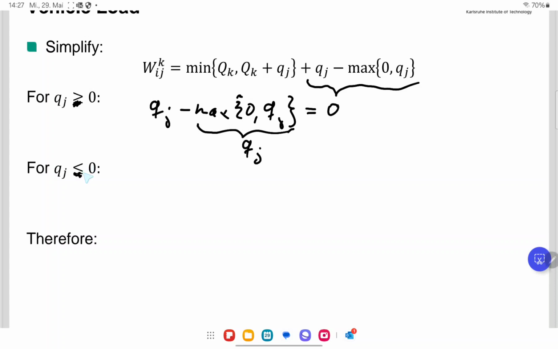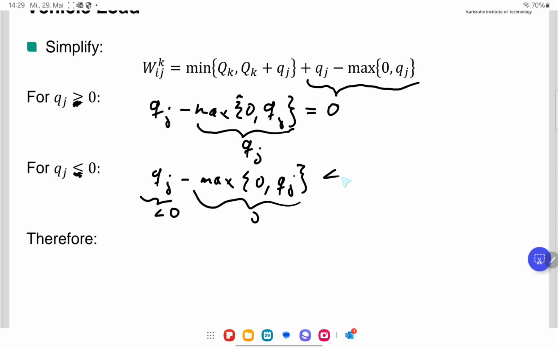If it is negative, then we have Q_J minus the maximum of 0 and Q_J. So that would mean we have the maximum over here, so that means we have here a negative value, here we have 0, that means we have something negative on the side.